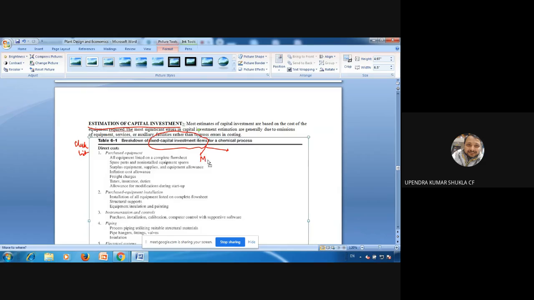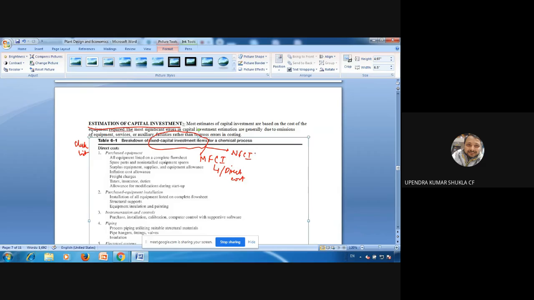One is manufacturing fixed capital investment and second is non-manufacturing fixed capital investment. Now this manufacturing fixed capital investment, you also call it direct cost.